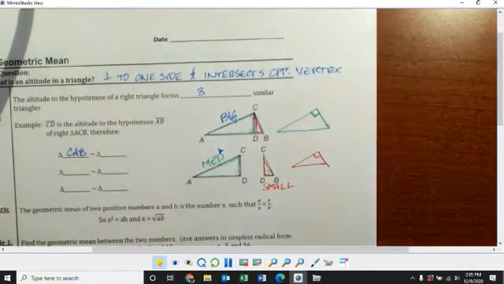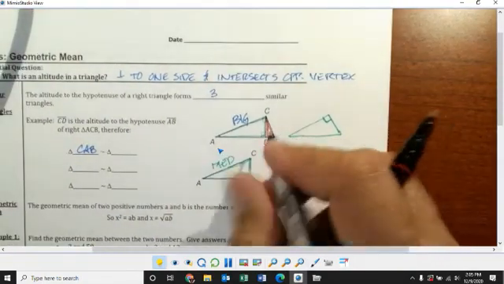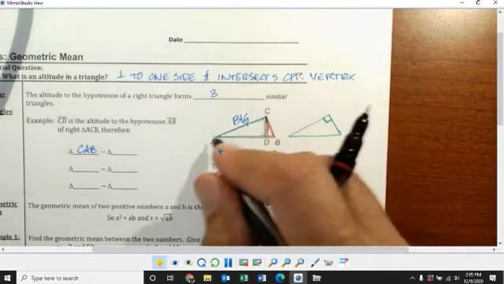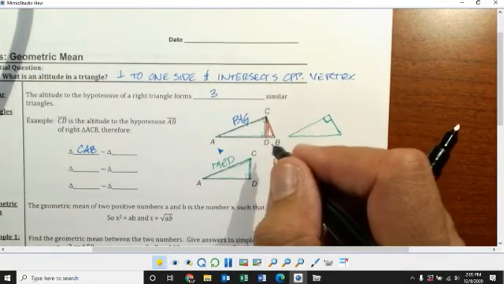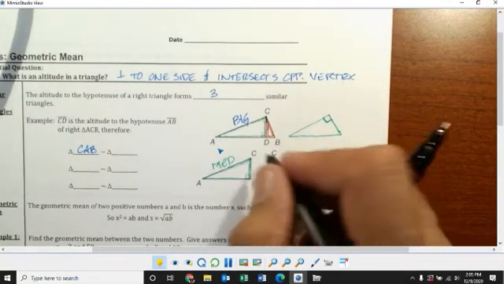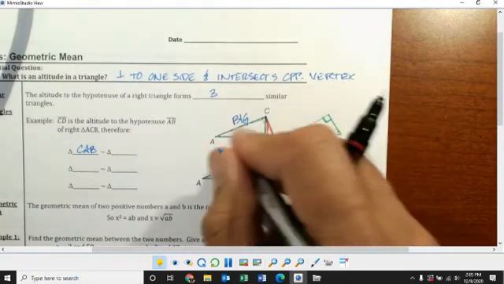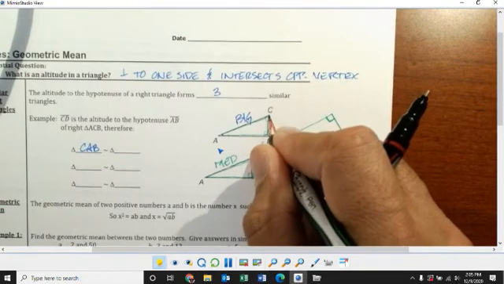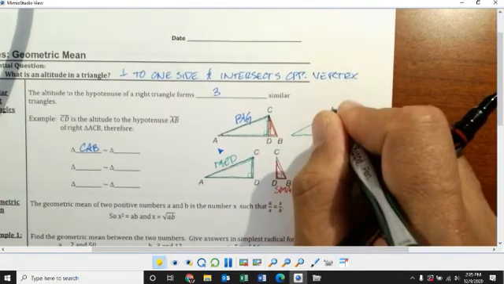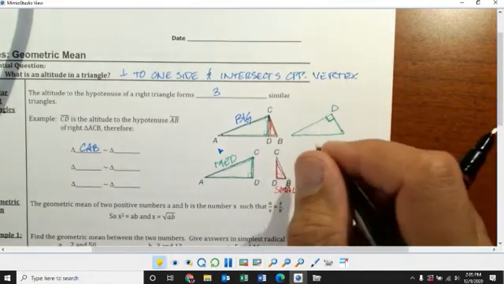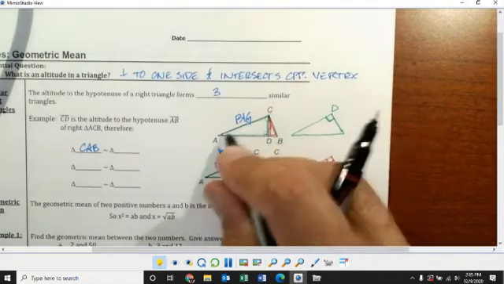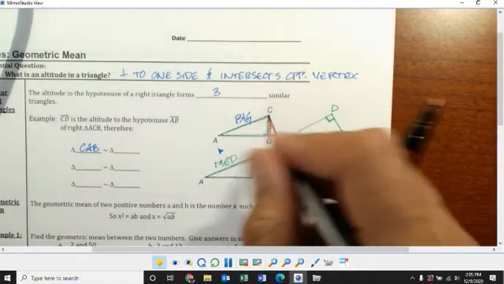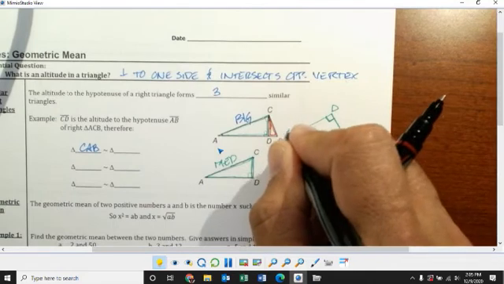If I look at the middle triangle, okay, if I say CAB, AB is the hypotenuse of the large triangle. The hypotenuse of the middle triangle right here is AC. And so there we go. D is the right angle, AC is the hypotenuse, AD is the long side.